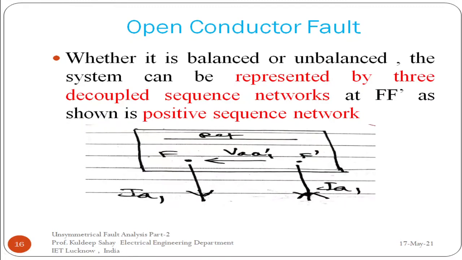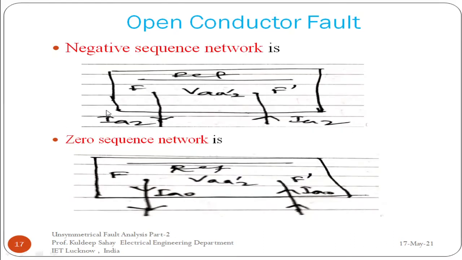Now this open conductor fault can also be represented with the positive, negative and zero sequence. Here the positive sequence has been represented by a network. Between F and F dash there is a voltage VAA dash 1, that is the positive sequence voltage, and the flow of current is IA1, that is the positive sequence current, with reference to this. Similarly, the negative sequence network can be drawn like this.